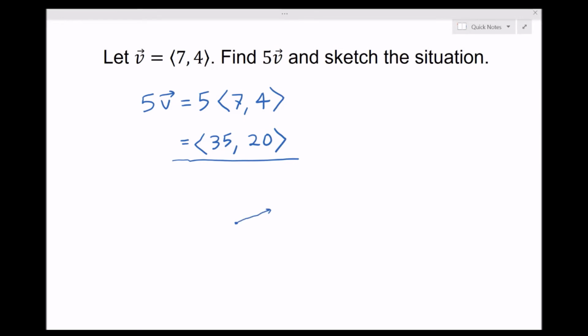And then the new vector, 5v, we know that it's 5 times long, and it makes sense because the new vector now goes right 35, up 20, right? So draw the new one slightly away, but starting at the same point, again, we're just going 5 times more to the right, 5 times more above, and boom. This one's the original, new one is 5v.